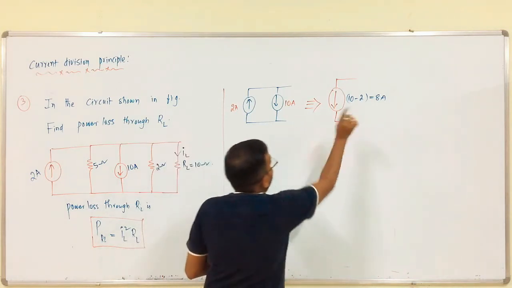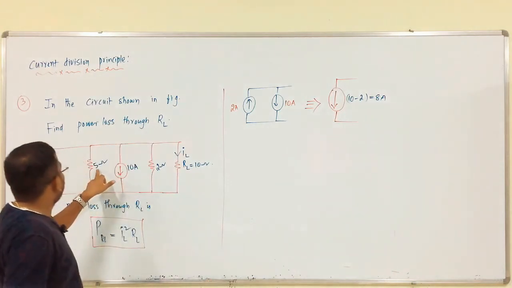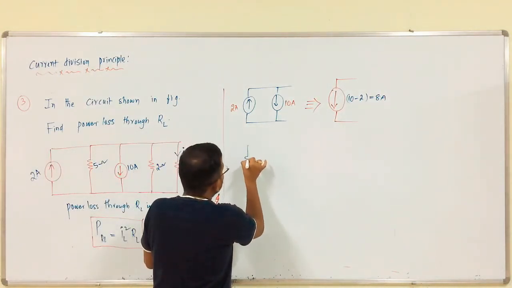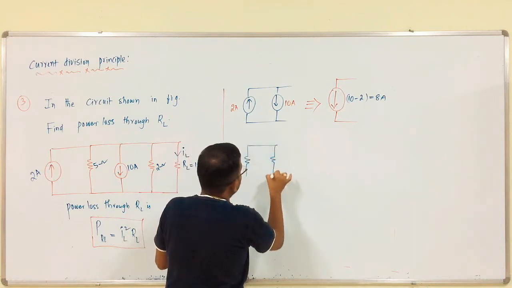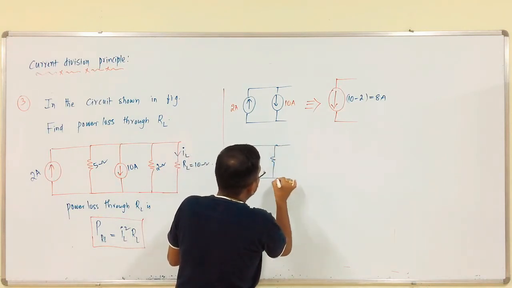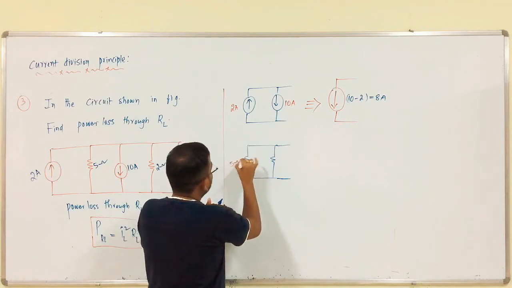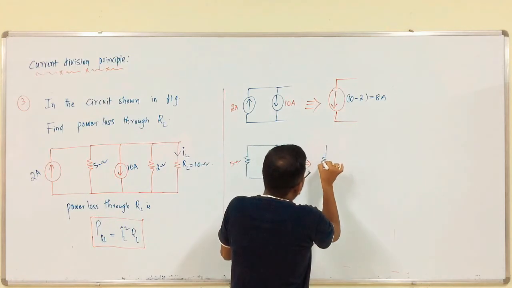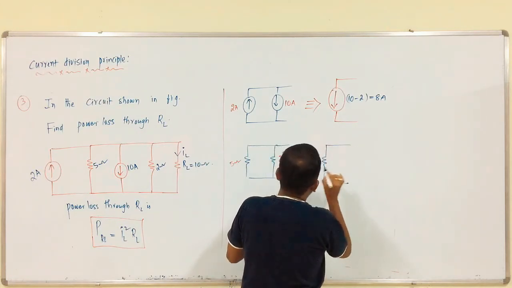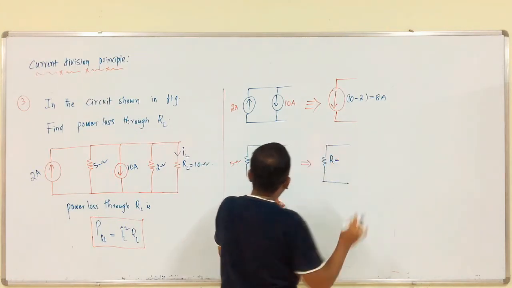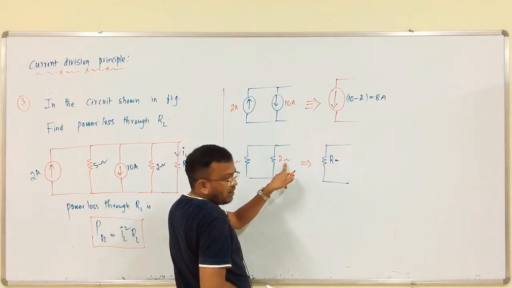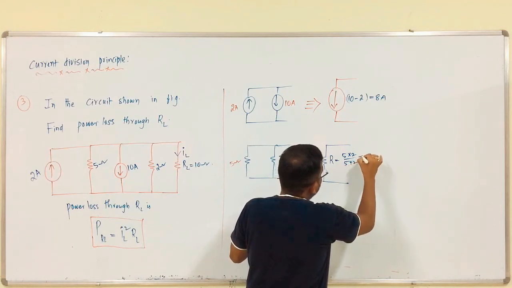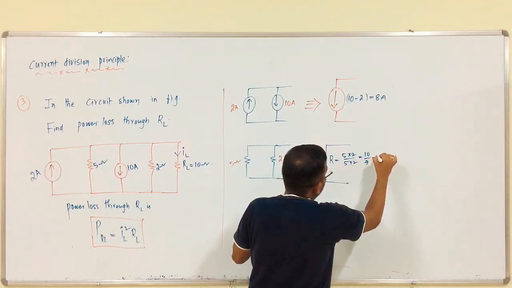Next, this is 8 amps. Now, the 5 ohm branch and the 2 ohm branch are connected in parallel. Therefore, the equivalent resistance R equals 5 into 2 by 5 plus 2, which equals 10 by 7 ohms.